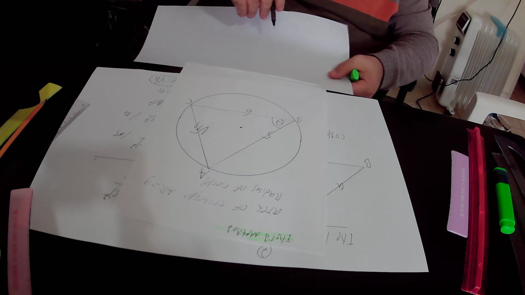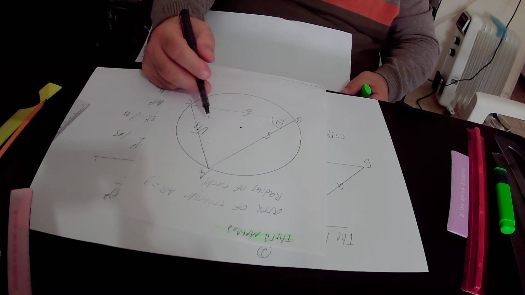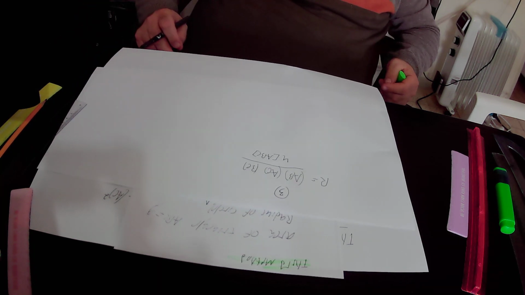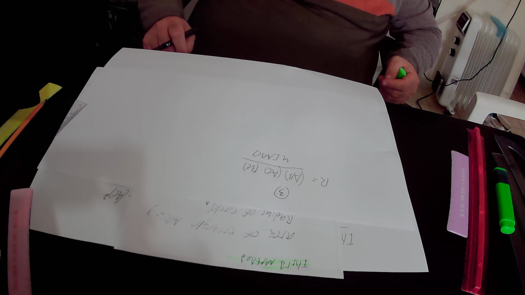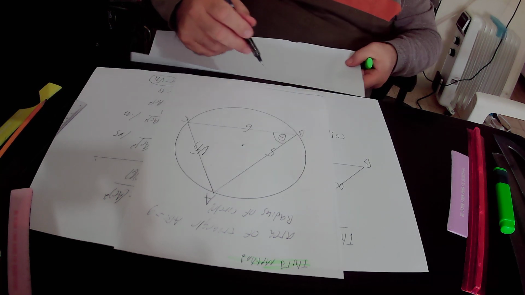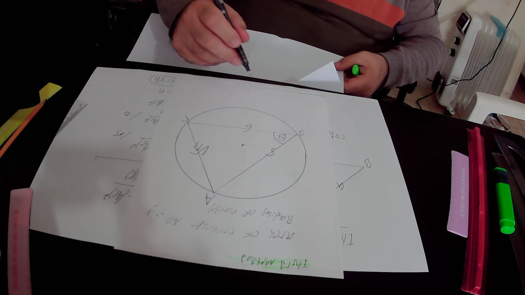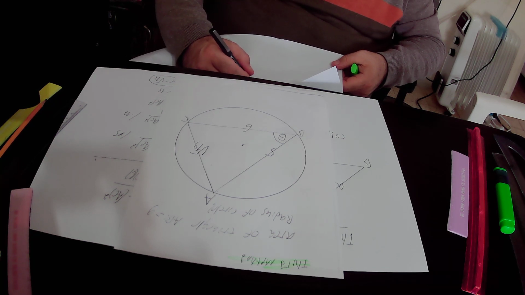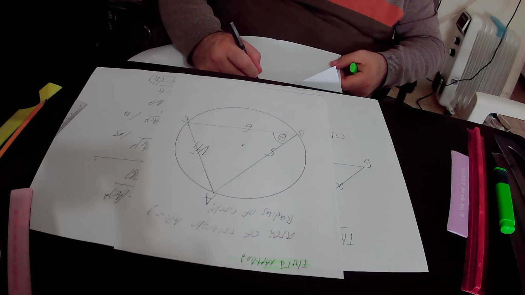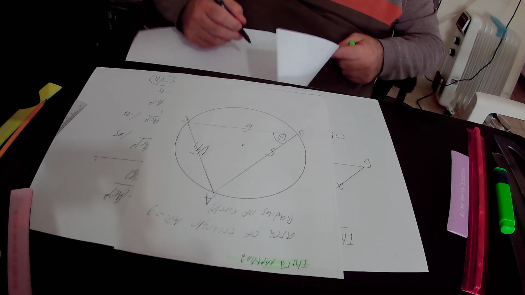I repeat again, the radius of any circle that circumscribes a triangle is defined by the multiplication of the sides of the triangle over 4 times the area of the triangle. So capital R will be equal to AB is 5, AC is square root of 13 units, BC is 6, over 4 times the area of triangle ABC.